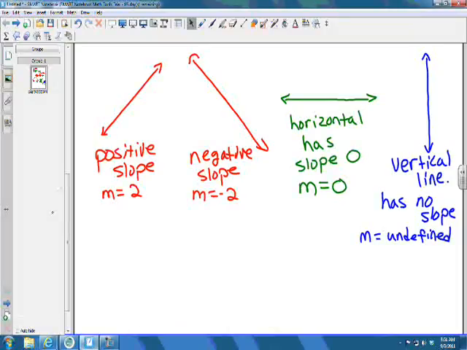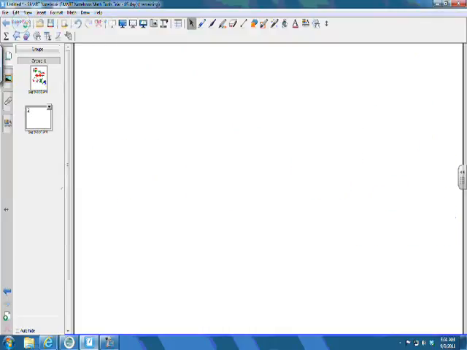So the first set of your homework problems, all you have to do is find the slope. Okay. Then the second set, you'll have to do some graphing using the slope, which you've done before. You've done all these types of problems before.